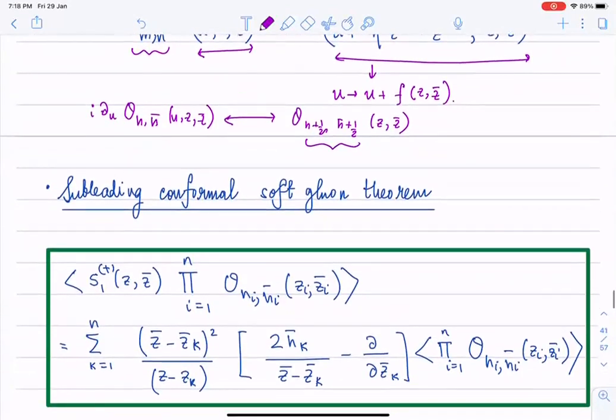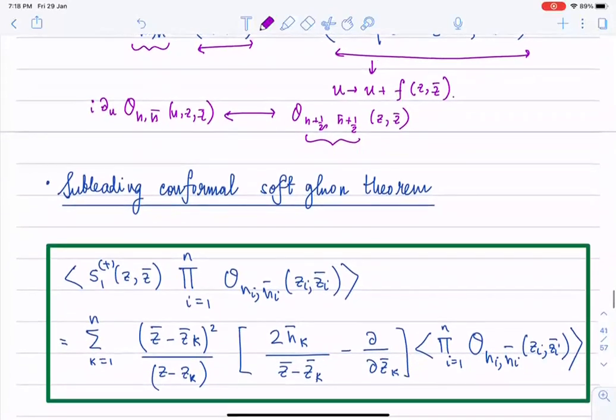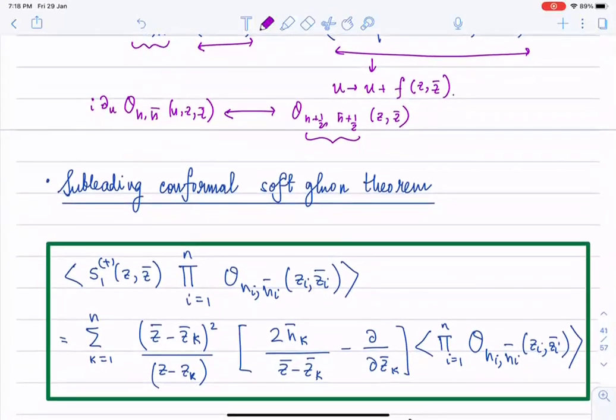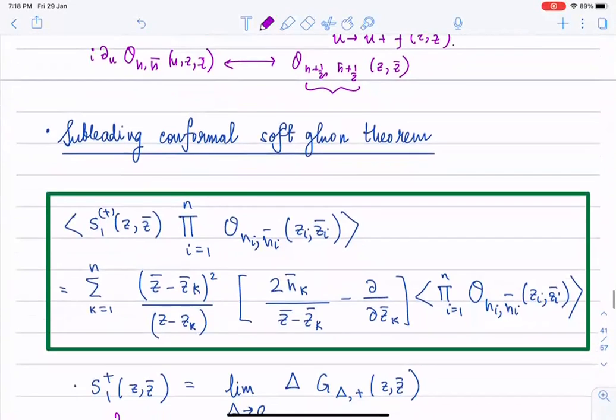Okay, good. Right. So that was the leading conformal soft theorem. Next, I want to tell you what happens when you go to the next order. The next obvious thing to consider is the subleading conformal soft limit.